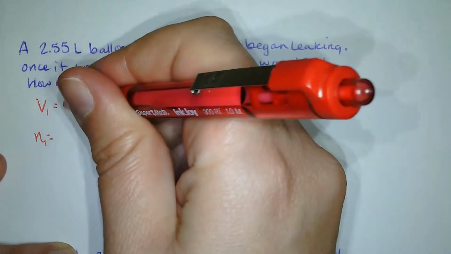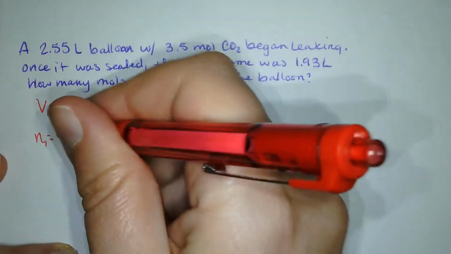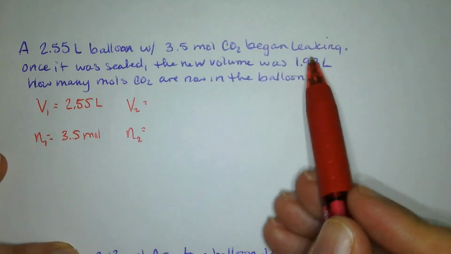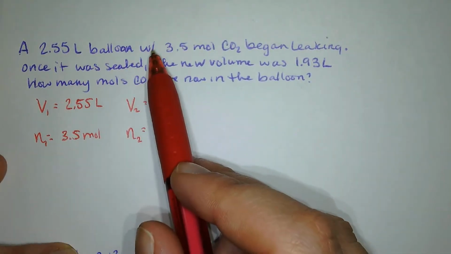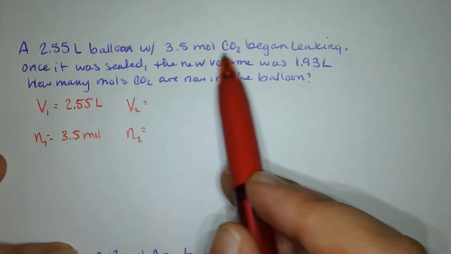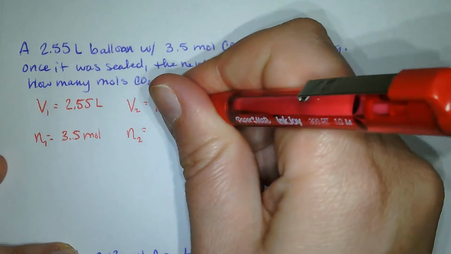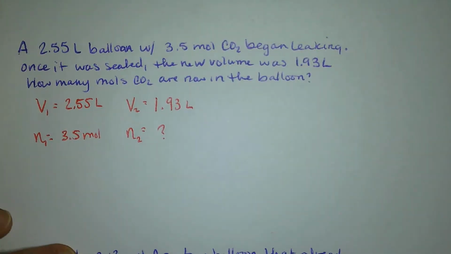Volume 1 is 2.55 liters, and N1 is 3.5 moles. So it began leaking. These were the initial amounts, the starting amounts. Once it began leaking, the volume decreased to 1.93 liters. And now this is what we're trying to find. How many moles will that be?